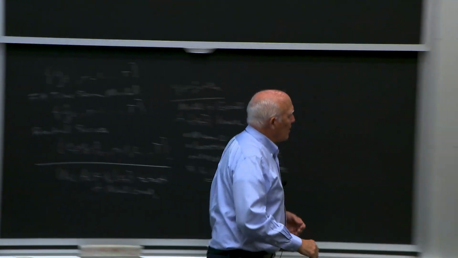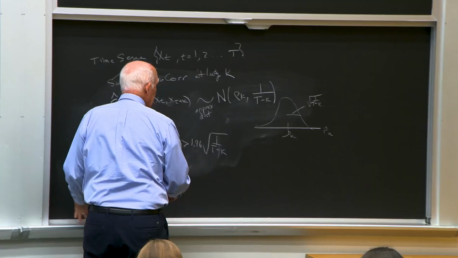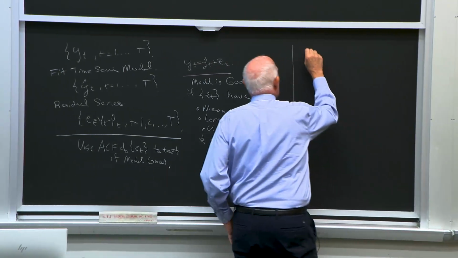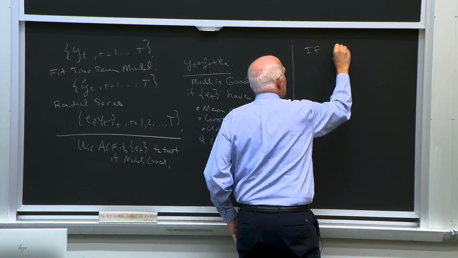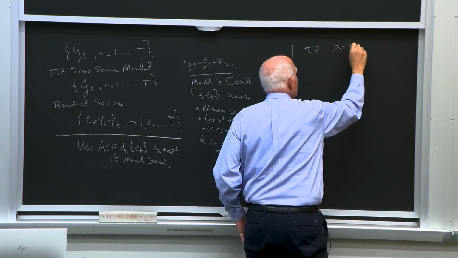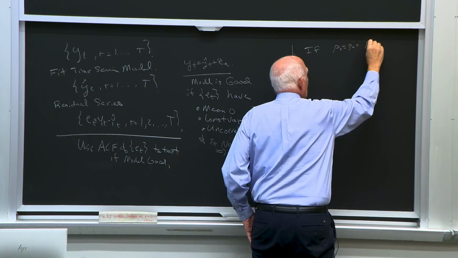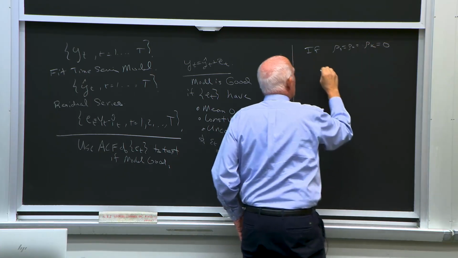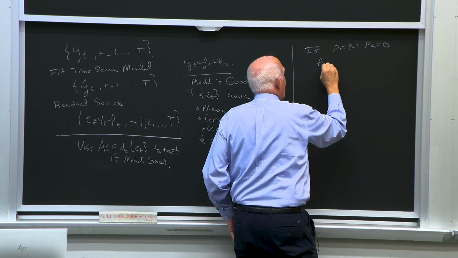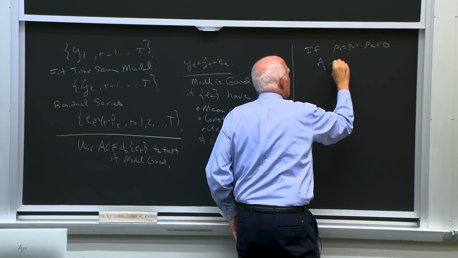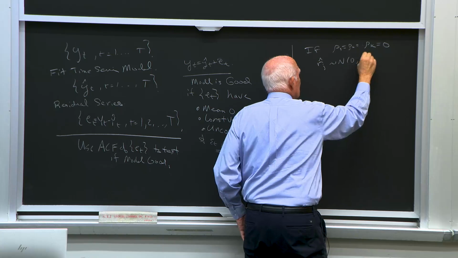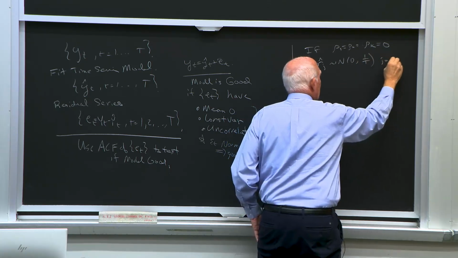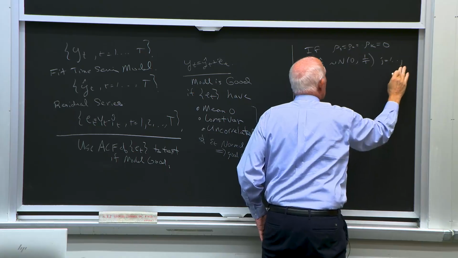So let me just write it over here. If, say, rho 1 equals rho 2 equals rho k is equal to 0, then r hat j is distributed as normal 0, roughly 1 over T, for j equaling 1 to k.